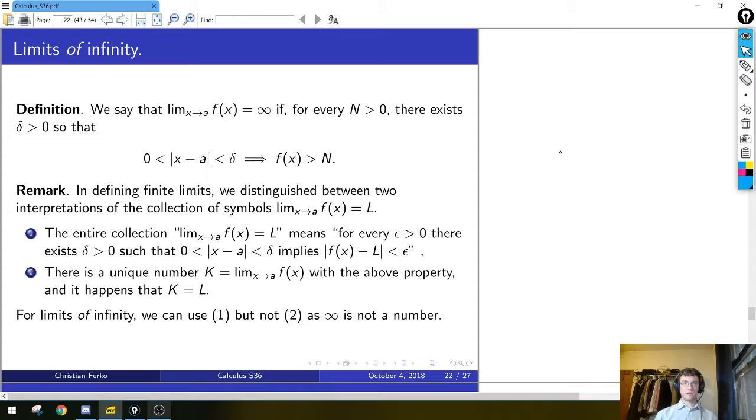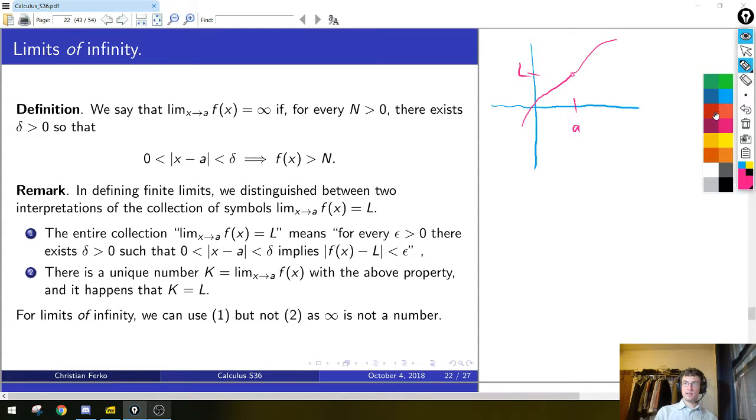Okay, so we should define a limit of infinity. Let's think about how we defined ordinary limits way back in the day. There's some function, it doesn't have to be defined at a, but it's supposed to get very close to a value as we get close to a. Then I asked how we should make those words "close" meaningful.